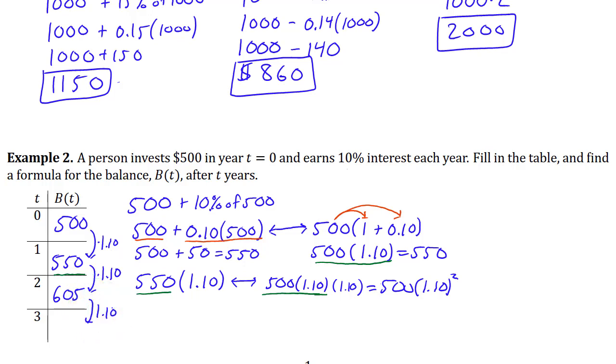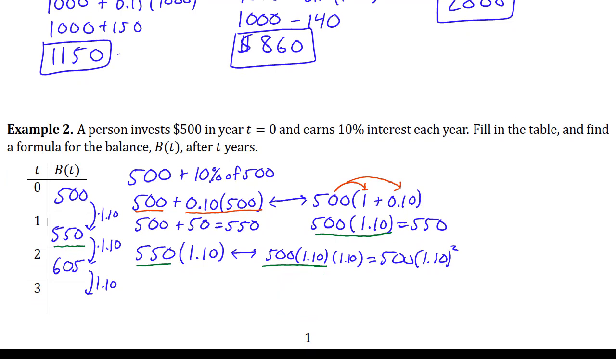So to calculate how much there is at year 3, I could either take 605 times another 1.10, or to get b of 3, I could say I'm going to take the original amount, 500, times 1.10 is the amount after year 1, times another 1.10, that's the amount after year 2, times another 1.10 is the third increase of 10%.